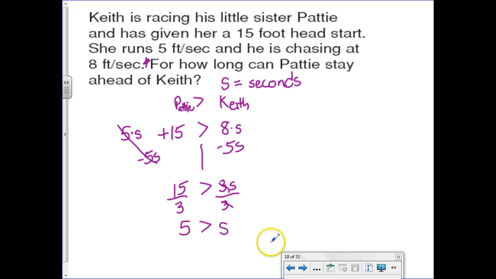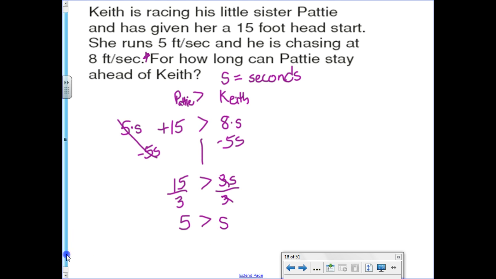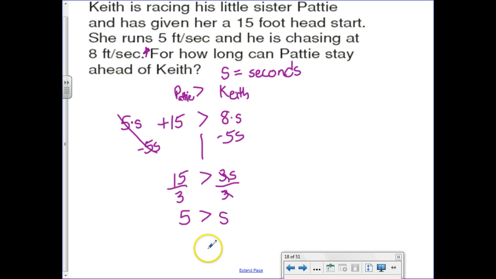Now, hold on. First of all, I've got a problem with reading stuff backwards. You know that by now. So I'm going to rewrite this with the variable on the left and the 5 over here on the right. The pointy thing is pointing to my variable. So this says my seconds have to be less than 5. So it says, for how long can Patty stay ahead of Keith?